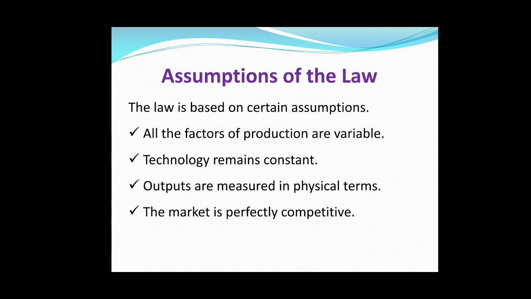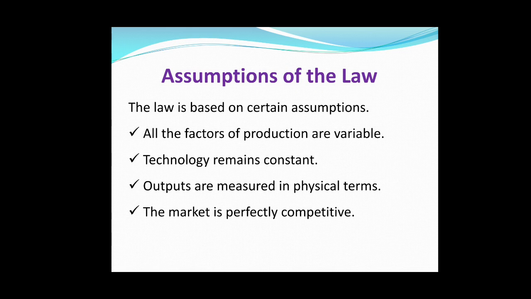The second important assumption of the law is that technology remains constant. That is, the law assumes a constant technological state, which means there is no change in technology during the time considered. The third important assumption of the law is that outputs, or we can say returns, are measured in physical terms.